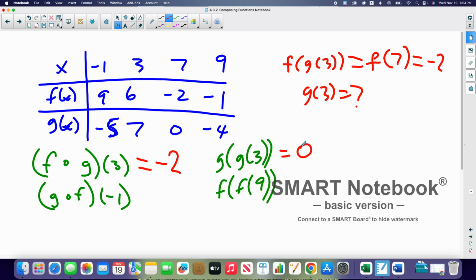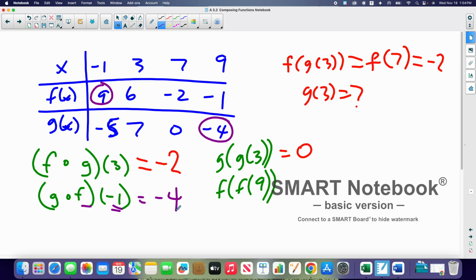Alright. So talk me through this one. What does this mean? What do I do with the -1? I put it into f first. Yeah. Okay? So f of -1 is 9. I take the 9 and I put it into g and I get -4.